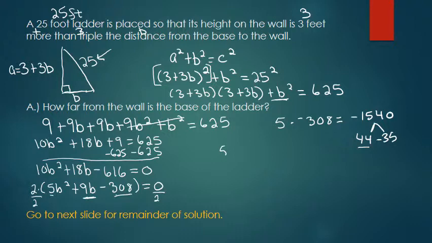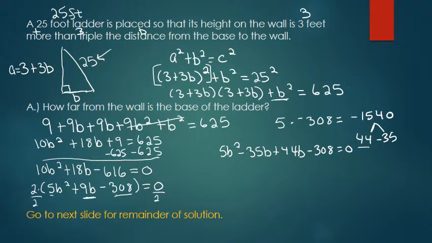So I get 5b squared minus 35b plus 44b, that's the rewriting of the middle term, minus 308 equals 0.